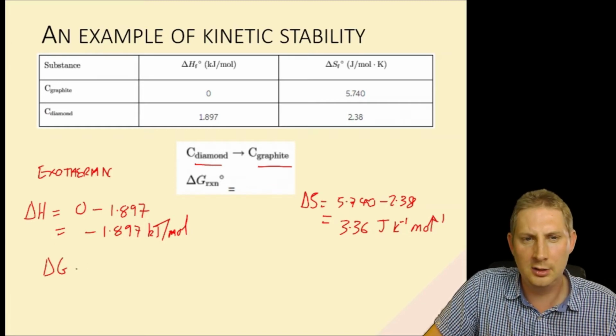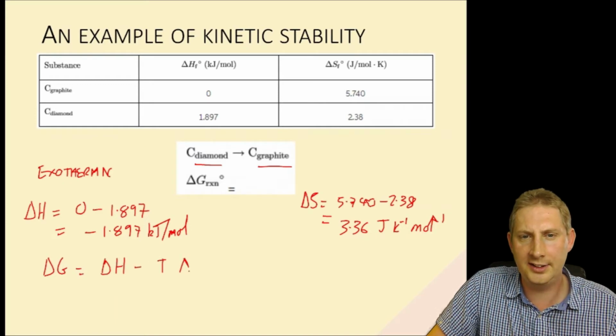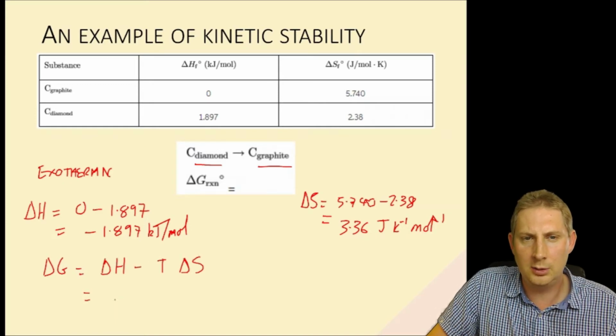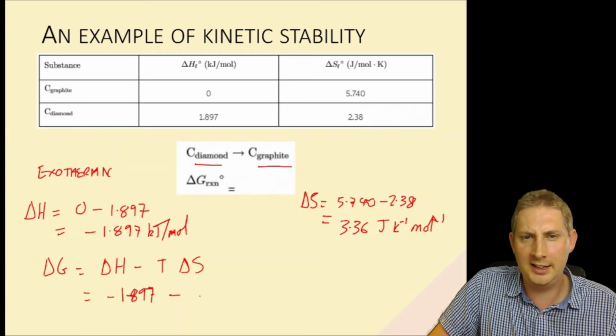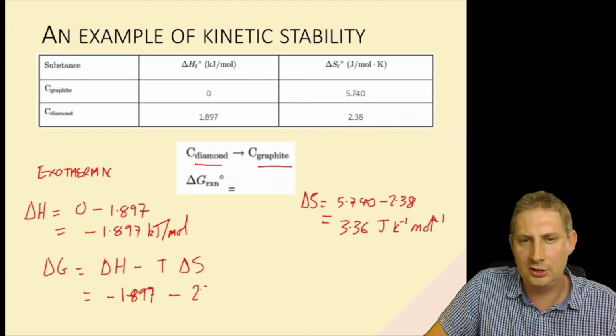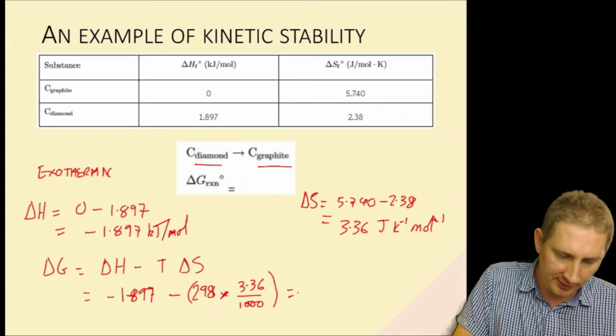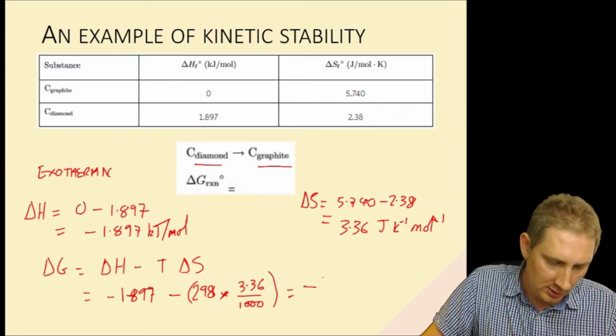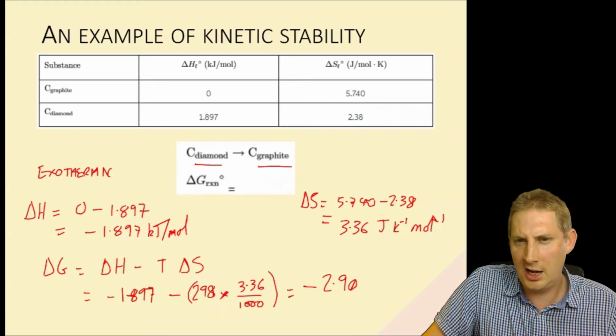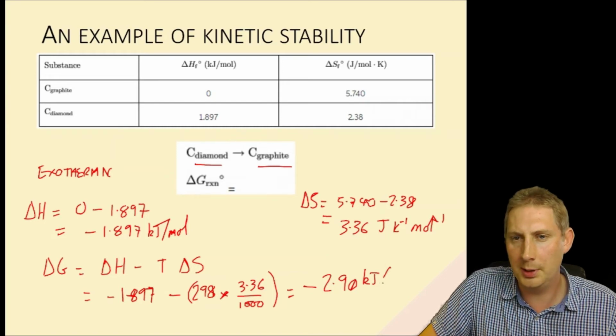Delta G equals delta H minus T delta S, which equals minus 1.897 minus, well, let's take room temperature, 298 Kelvin, times by 3.36 divided by 1,000, and that equals minus 2.90 kilojoules per mole.